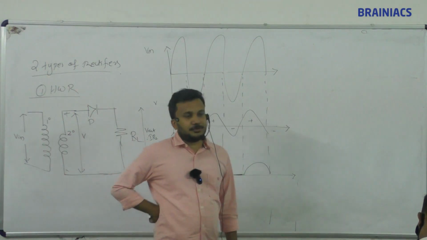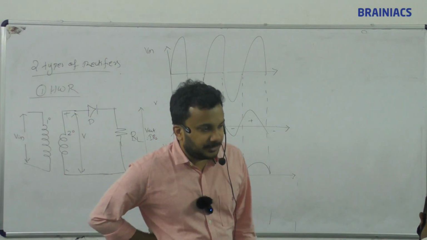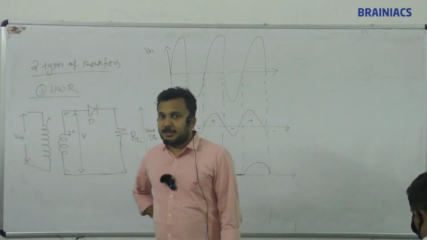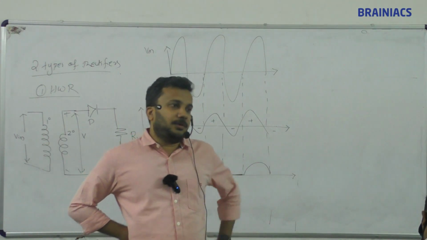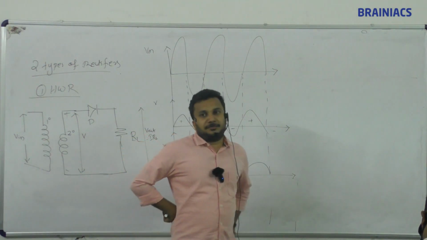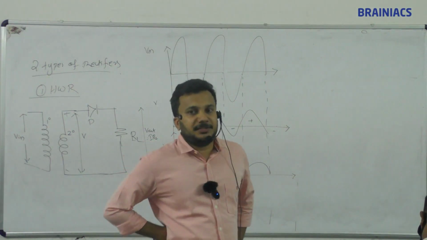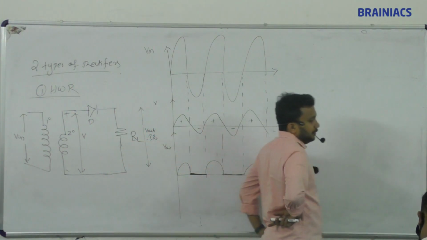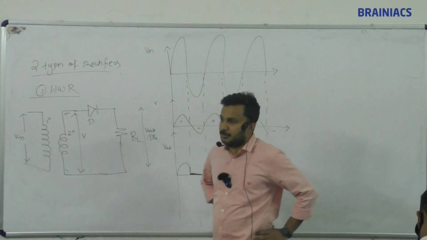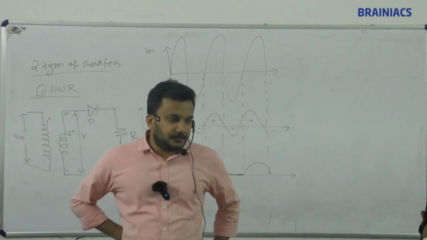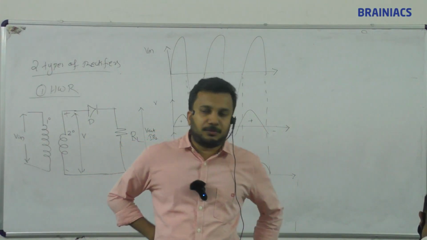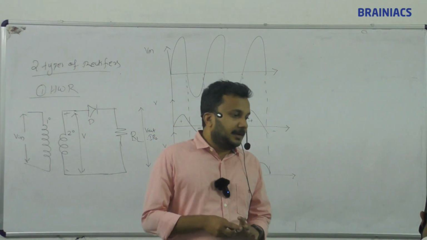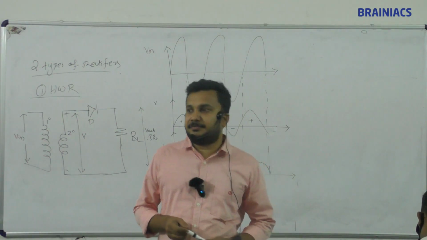Hence V out equal to 0. Next point, only half of the input signal is converted into output, hence it is called a half wave rectifier.